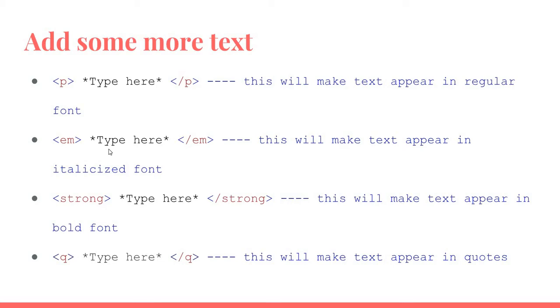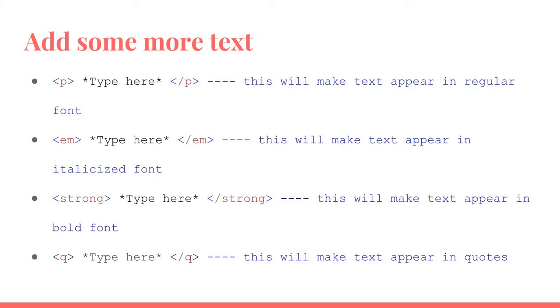Again, you would have to add more commands for that to happen. Our second command over here is the brackets EM, then you have your text, and then you'll have the brackets, the backslash, and then that EM. Something to note with these commands that you'll see in bullets 2 and 3 is that there are multiple ways to have italicized and bold font.